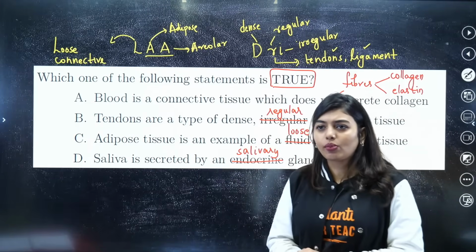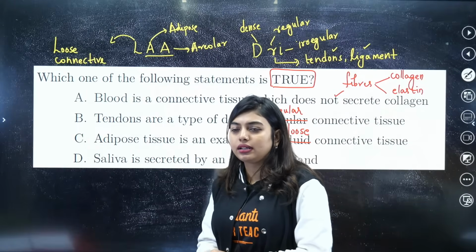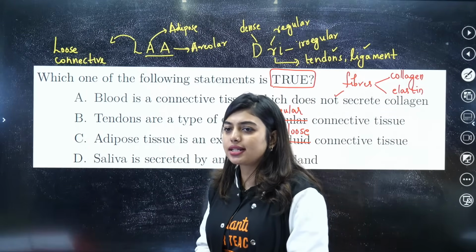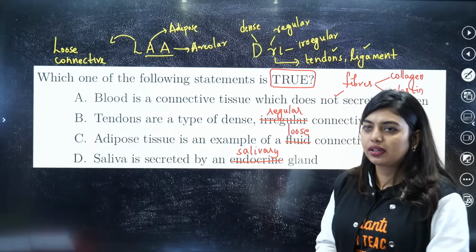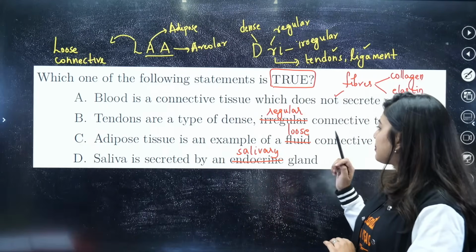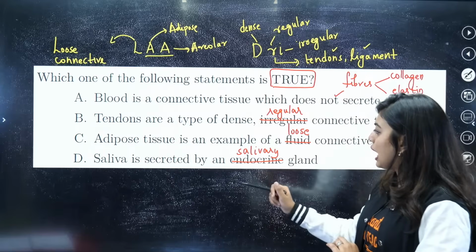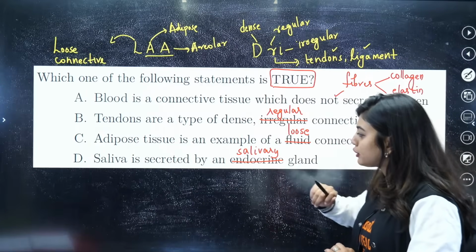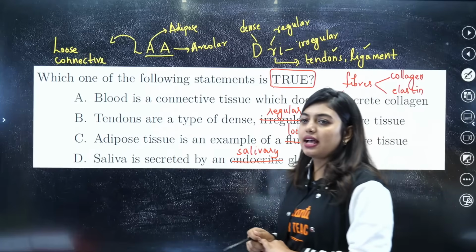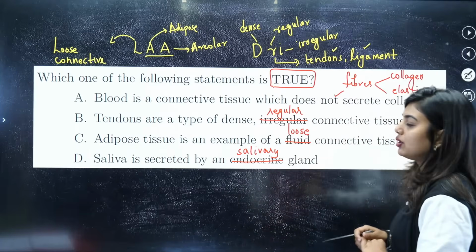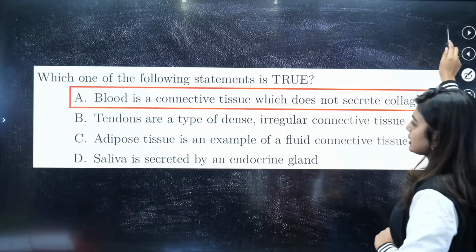Which is the correct answer? Is it A, B, C, D? Okay, I told you tendons are a type of dense regular connective tissue. Adipose tissue is an example of loose connective tissue. Saliva is secreted by salivary gland. A is the answer. Very good.